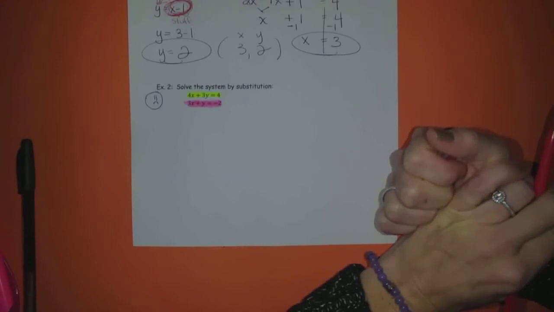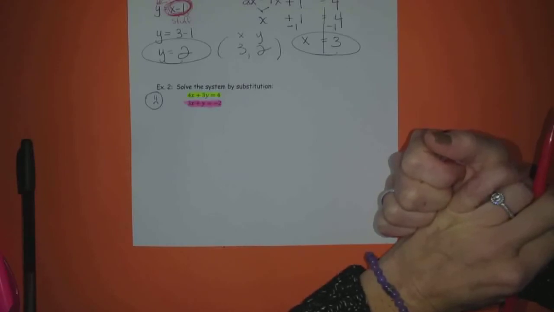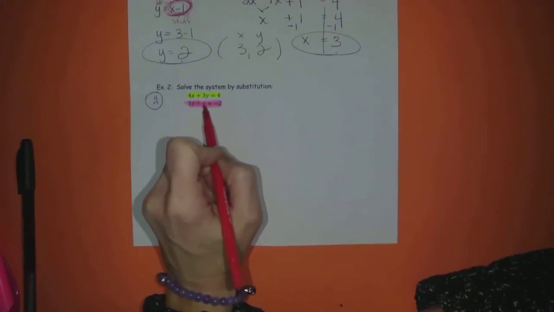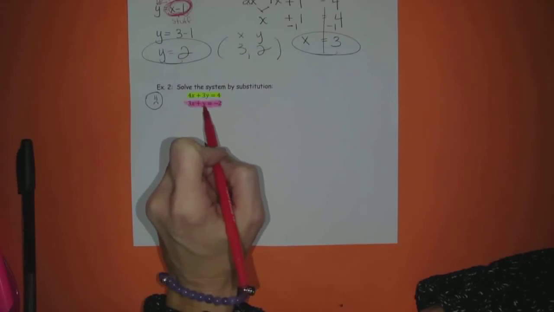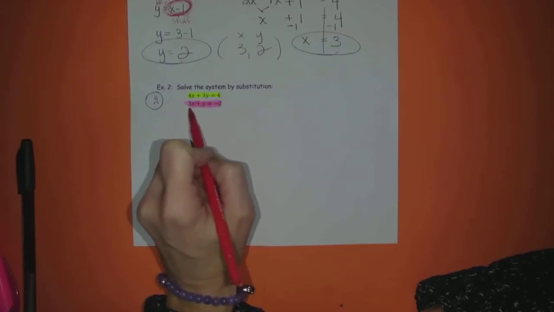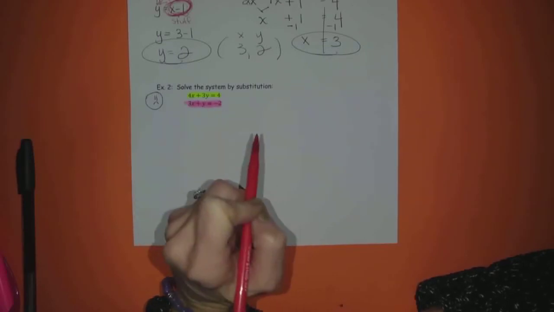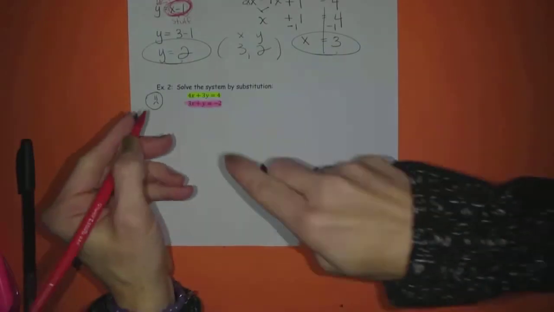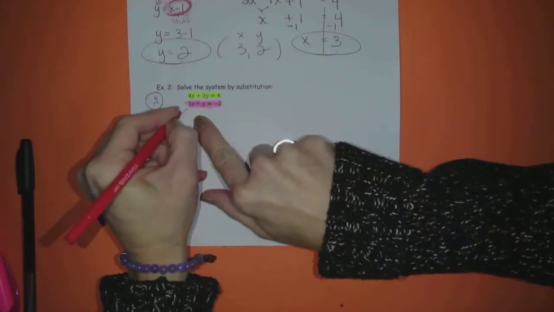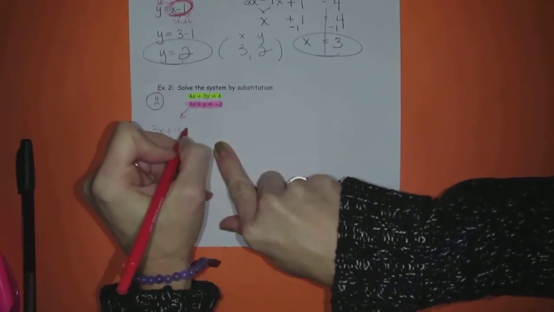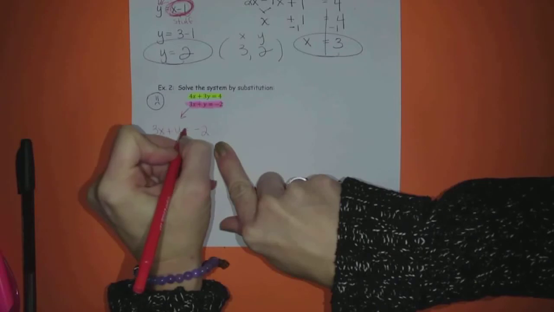And I hope you put some thought into this, it's the pink equation. Look at the y. You see how y is like one y? It's almost alone. If I just move this 3x and slide it over to the right, I will have y by itself. So here's what I'm going to do. I'm going to work on the bottom. So 3x plus y equals -2.